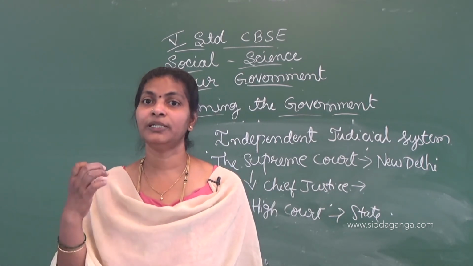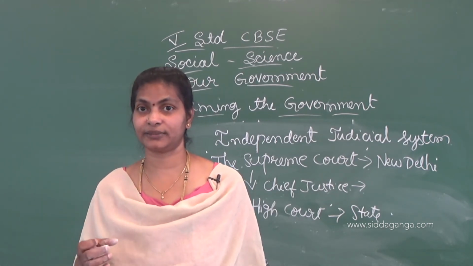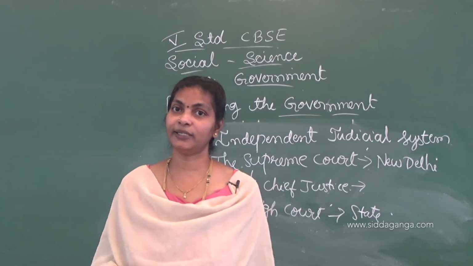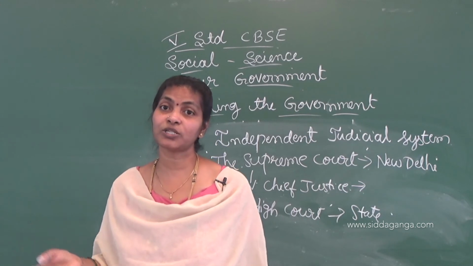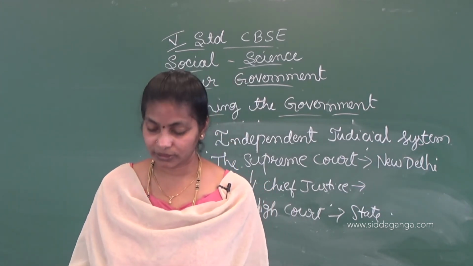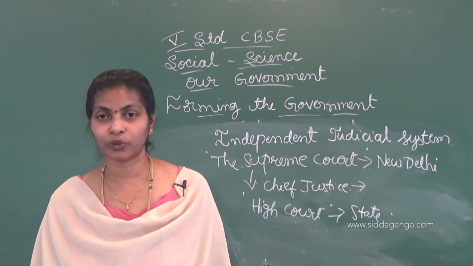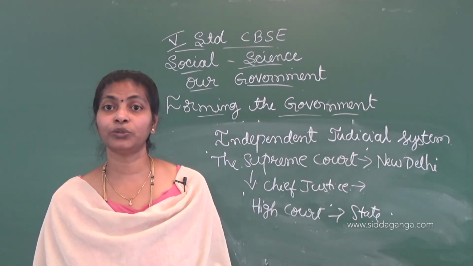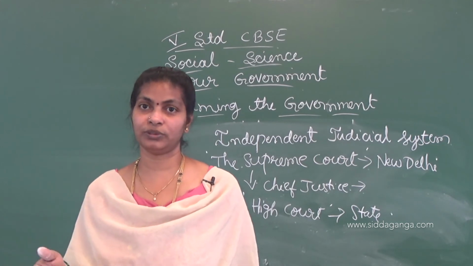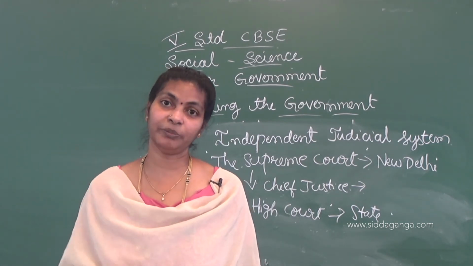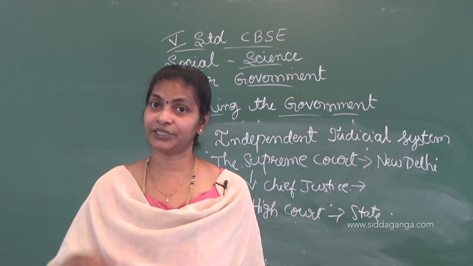When the people do not get justice in the High Court, they can go to the Supreme Court. The Supreme Court has the authority to review that matter once again. Later the Supreme Court gives its own decision.